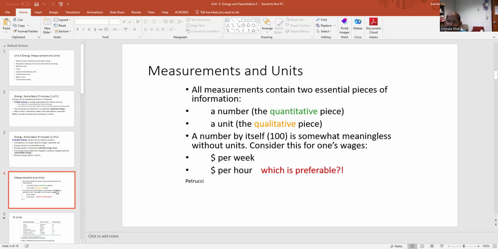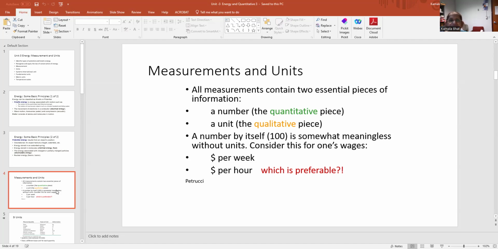A number by itself is somewhat meaningless without its units. Consider this for one's wages. If I say that you have $100 and don't tell you how you're going to give the $100 or get the $100, then it makes no sense. And further, if I tell you the $100 is per week, I'm sure you're not going to pick it up.